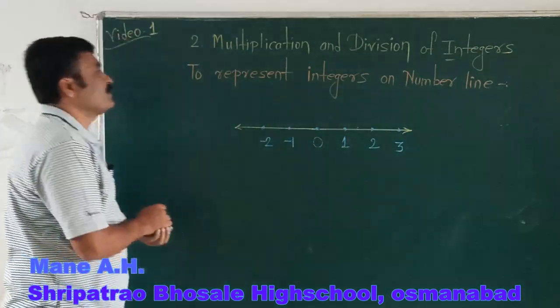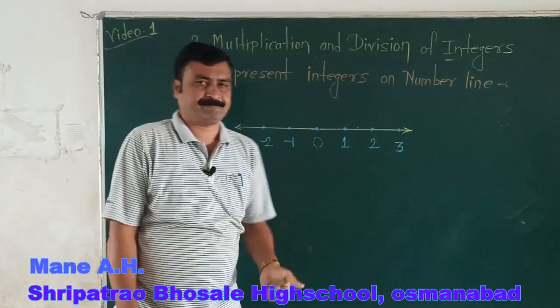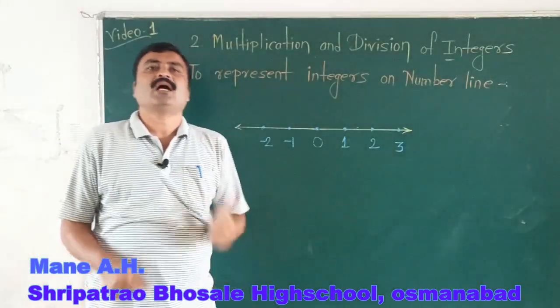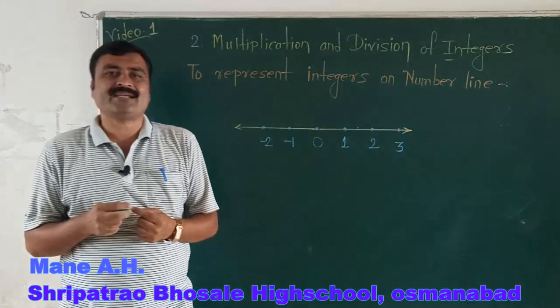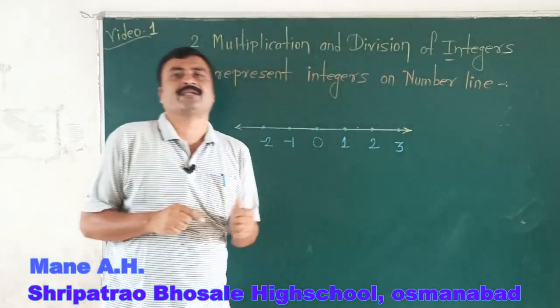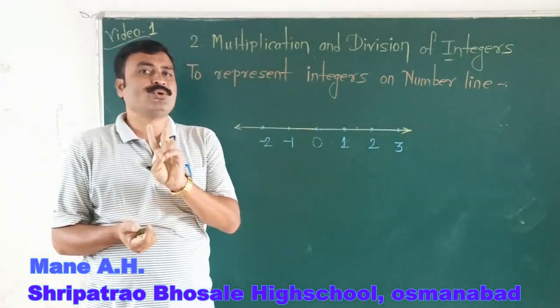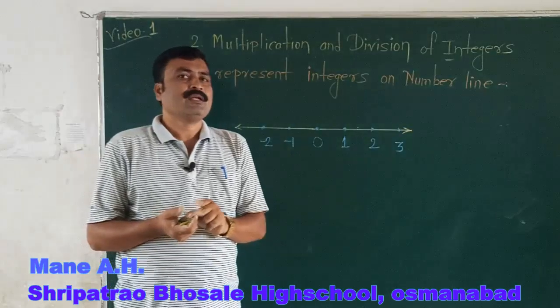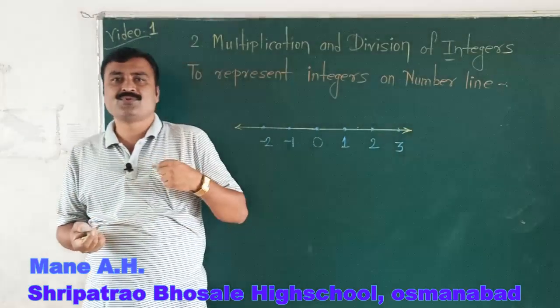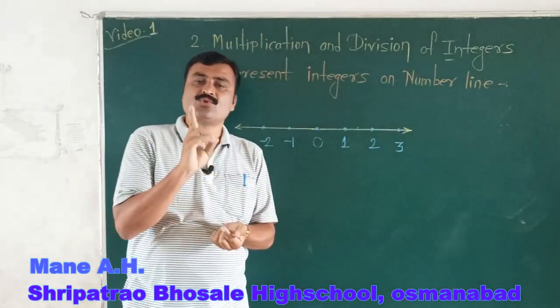So after this representation of integers on a number line, we also learnt the next basic part about integers in 6th standard. We learnt how to make the comparison between two integers. Now for the comparison of two integers in mathematics, we use two methods.